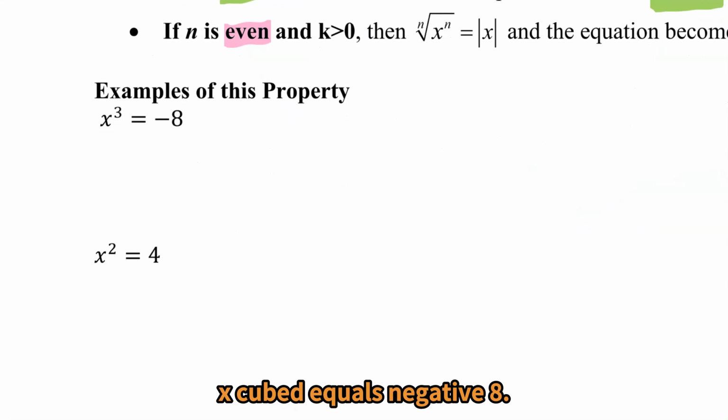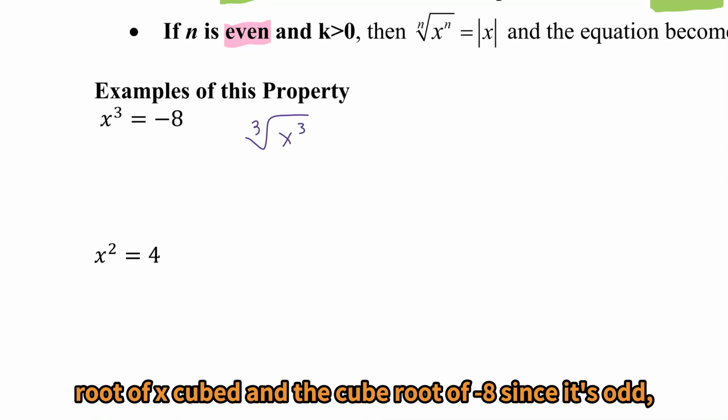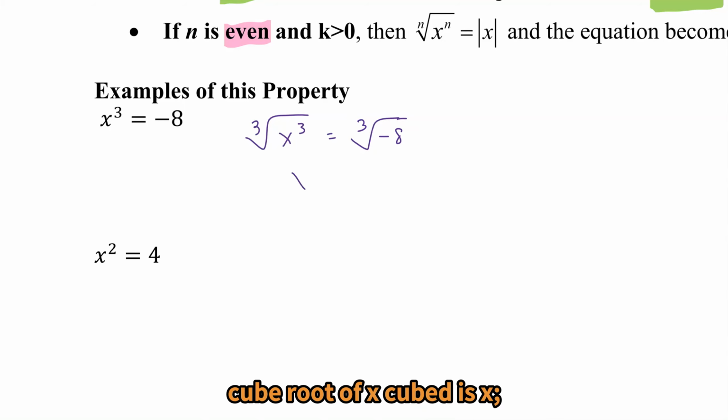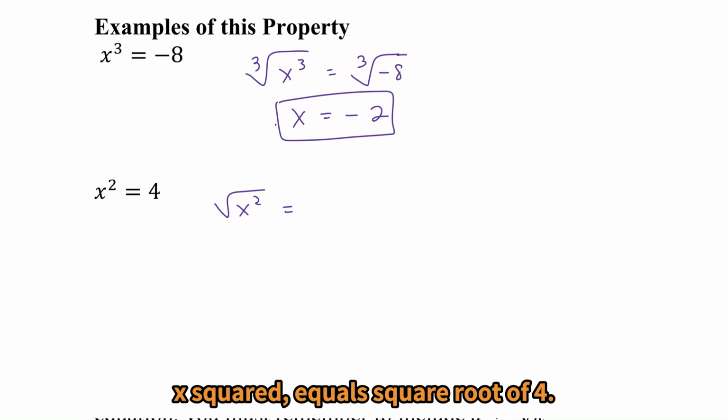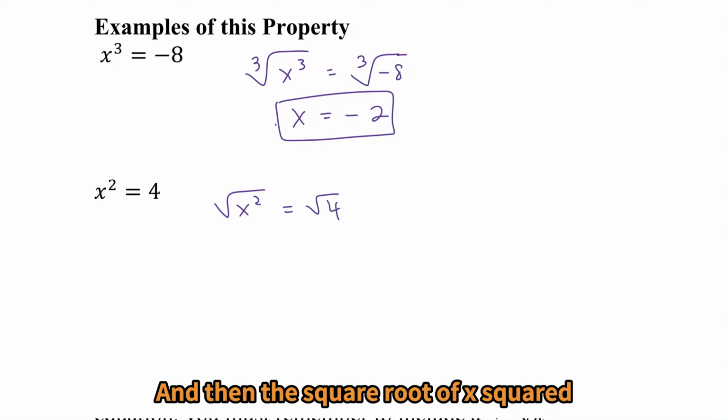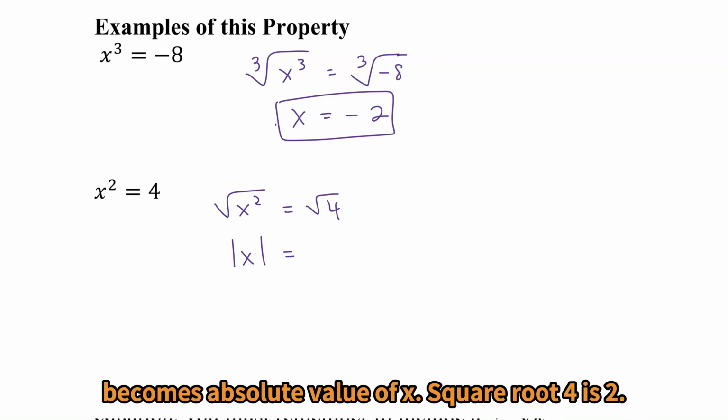Some examples: x cubed equals negative 8. So if we take the cube root of x cubed and the cube root of negative 8, since it's odd, the cube root of x cubed is x, and the cube root of negative 8 is negative 2. For x squared equals 4, I can take the square root, the square root of x squared becomes absolute value of x.